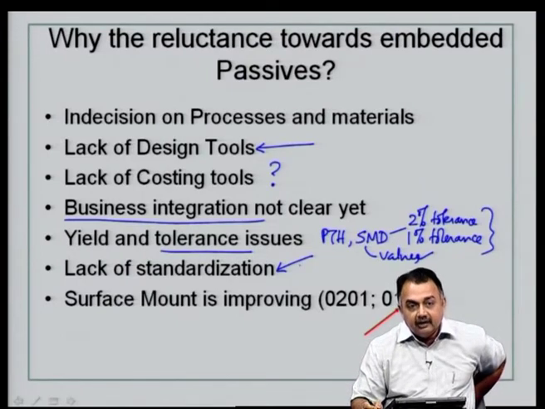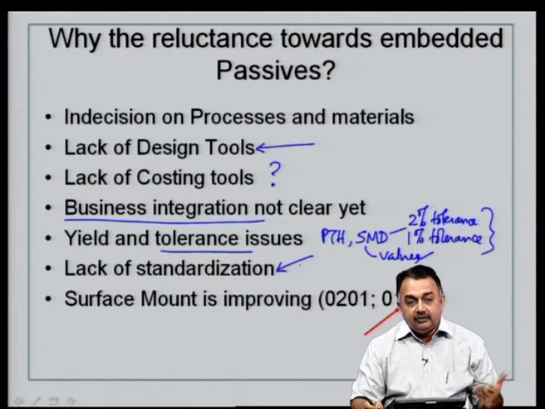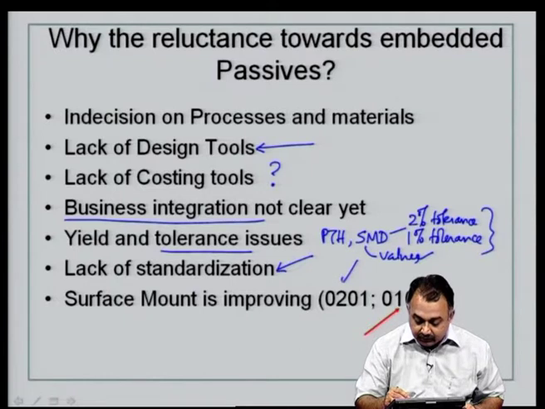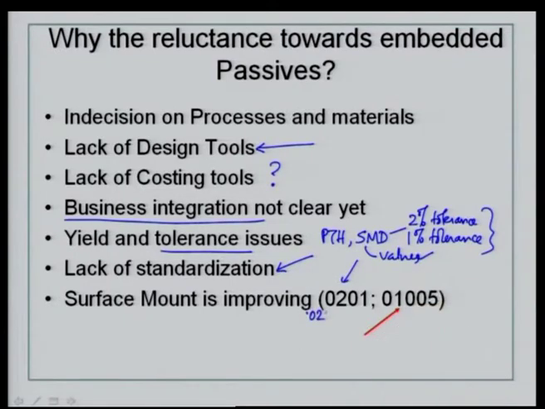And on the other hand, people who have been using surface mount devices for a very long time and who have been used to working with small footprints like 0.02 inches by 0.01 inches are beginning to use 0.01 inches by 0.005 inches form factor SMD chip components.